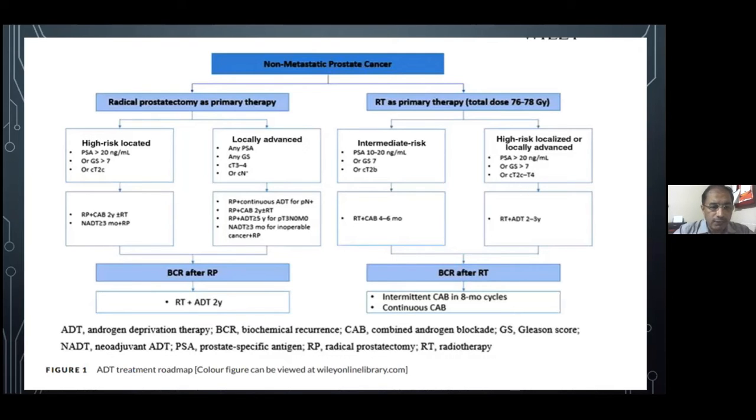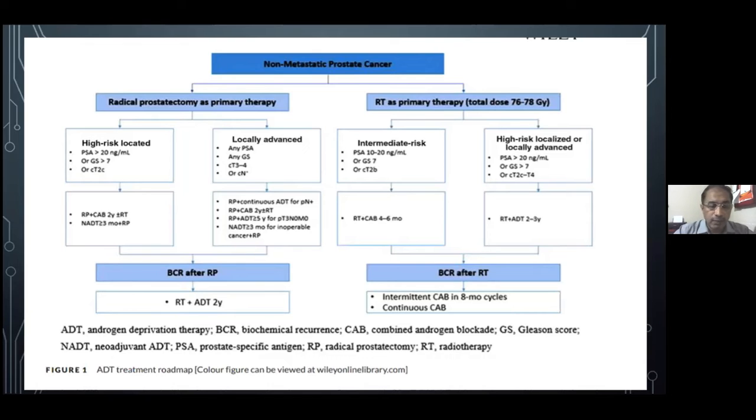If there is a biochemical failure, again, there is an important role here. If the patient has locally advanced disease with high risk features, then again the role of hormonal therapy becomes important, and it appears that immediate or deferred hormonal therapy, one of the approaches, will be important in these patients.